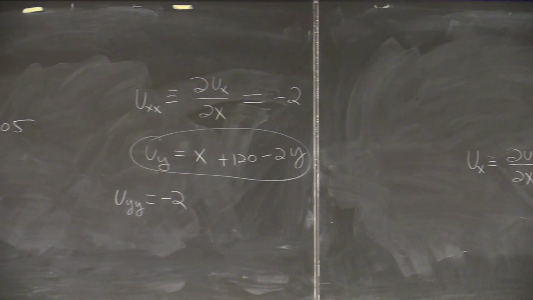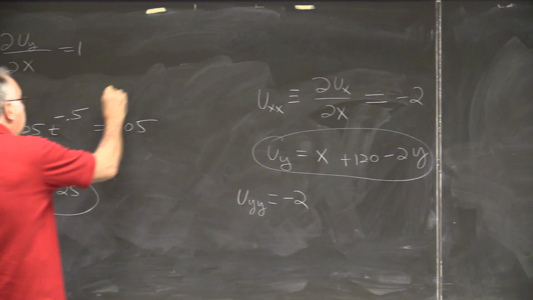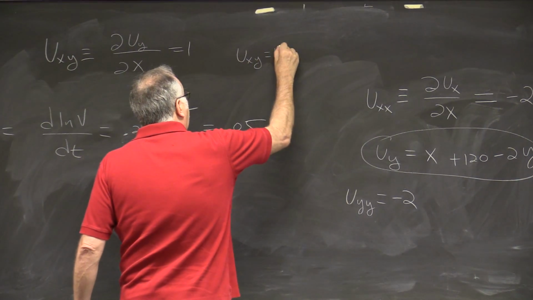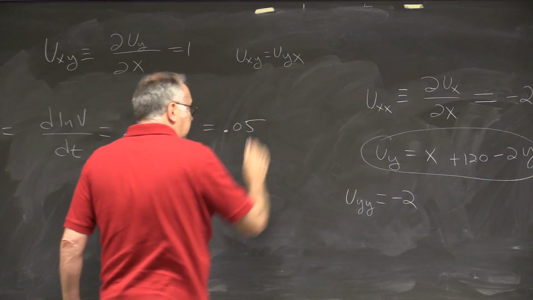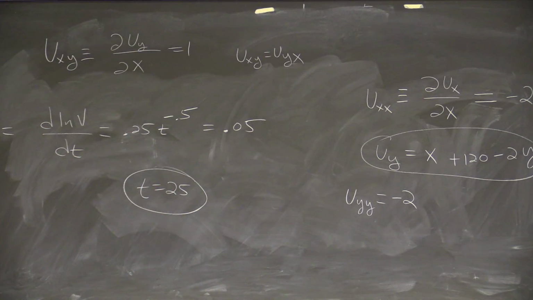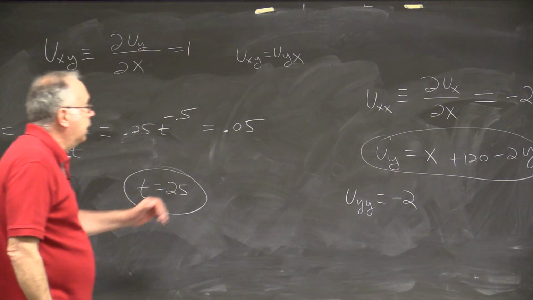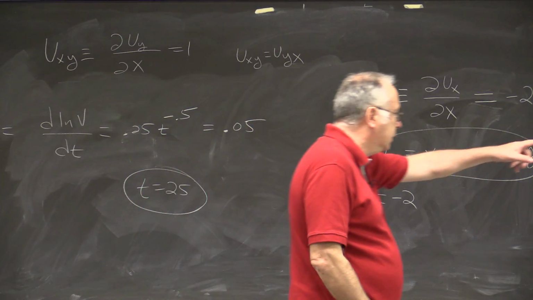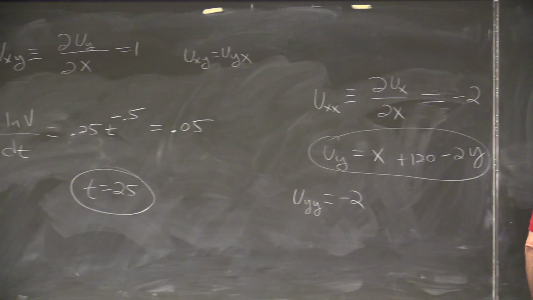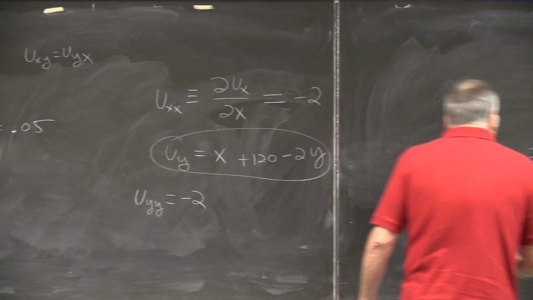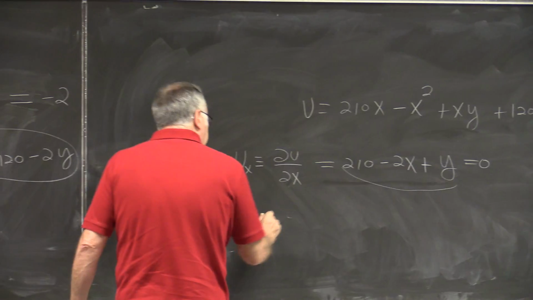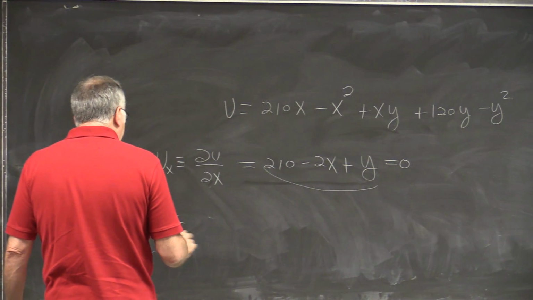And by the way, by Young's theorem, we know that u_xy equals u_yx. And actually, you could verify that here. Here is u_x, or did we erase it? No, here it is. So what is u_yx? Still just 1.